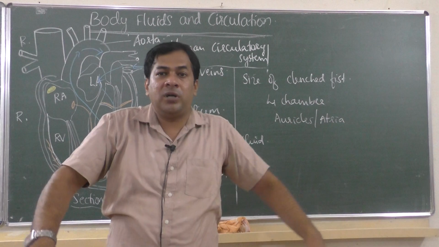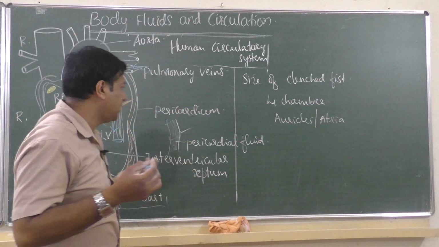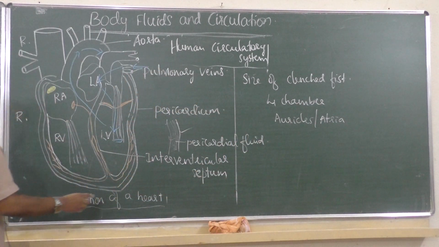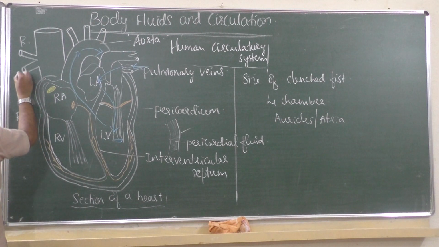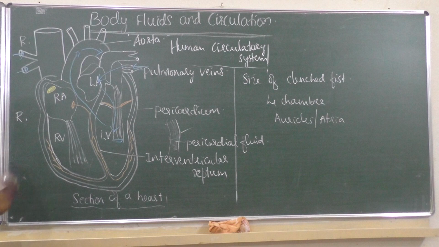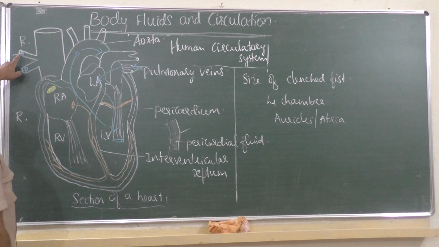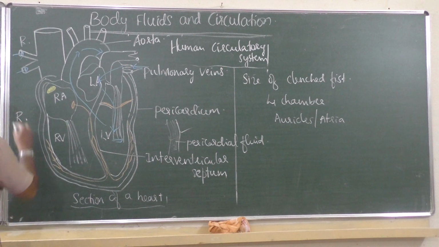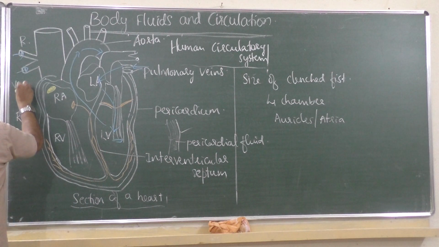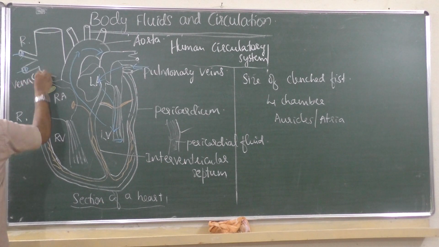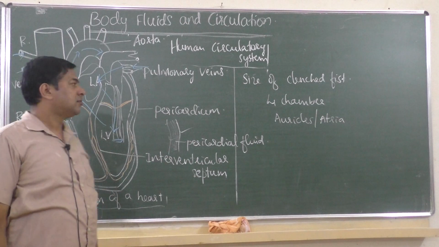Then from all the body parts, carbon dioxide mixed blood comes to the right part of the heart. That is, you see here, it comes here. Carbon dioxide mixed blood comes through this inferior vena cava, this superior vena cava. Vena cava, V-E-N-A C-A-V-A.